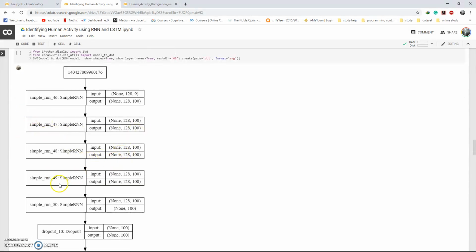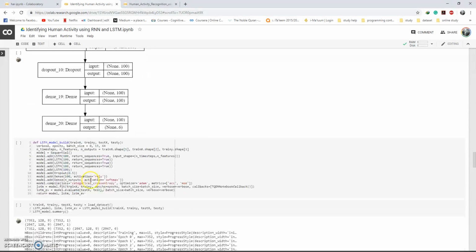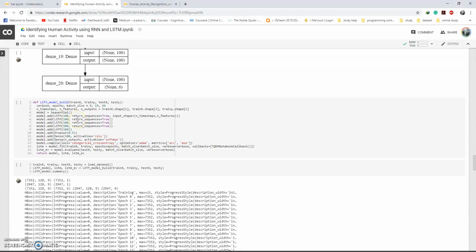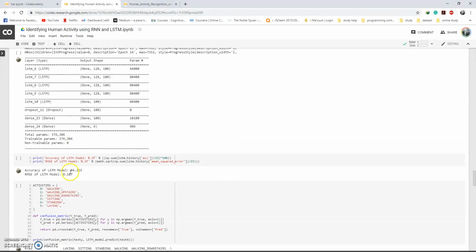These were all the 4 stacked RNN layers, then the dropout layer was applied, then the dense layer and the output layer. So here we built the LSTM model with 15 epochs as well, and all the rest were the same. Now if we come to the model score, it scored around 84.22%, and the RMSE was 0.18%.